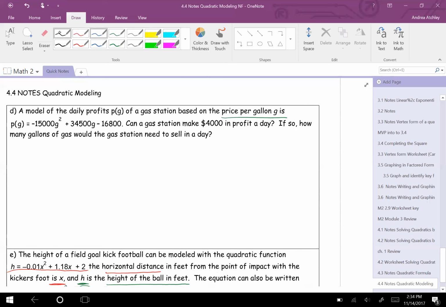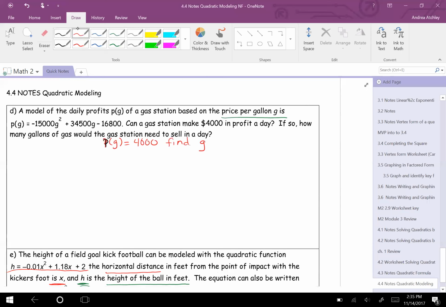So this time, instead of giving you the x value, the distance, they're not giving you the number of gallons, they're giving you your total profit for the day. So they're telling you that P of G equals 4,000. Find G. Any questions over that?